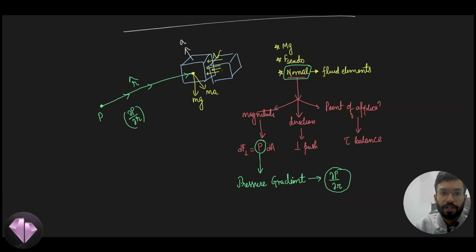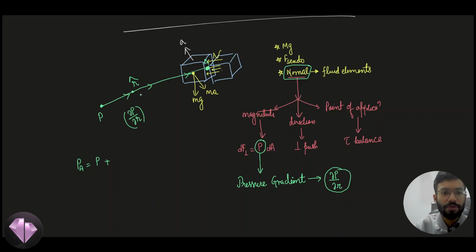I need to calculate the pressure at some random point, let's say this point over here, which is A. So pressure at A is nothing but pressure at P, which is P, plus you need to integrate this over the entire length.